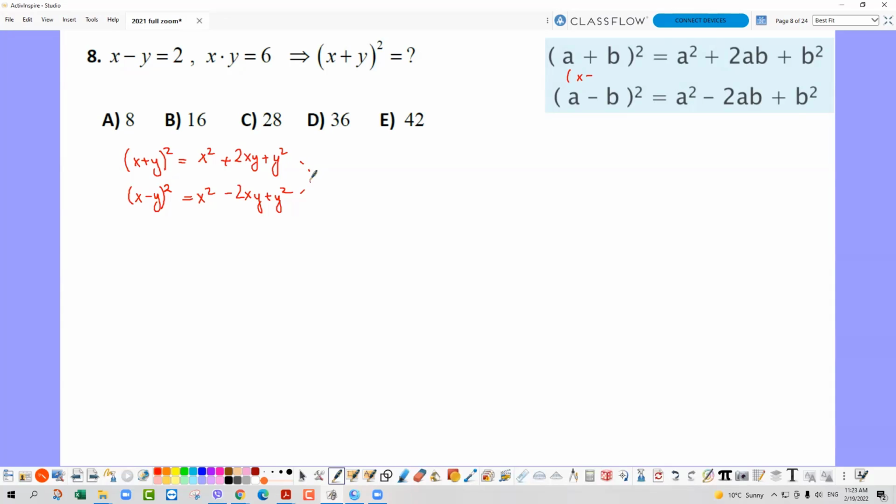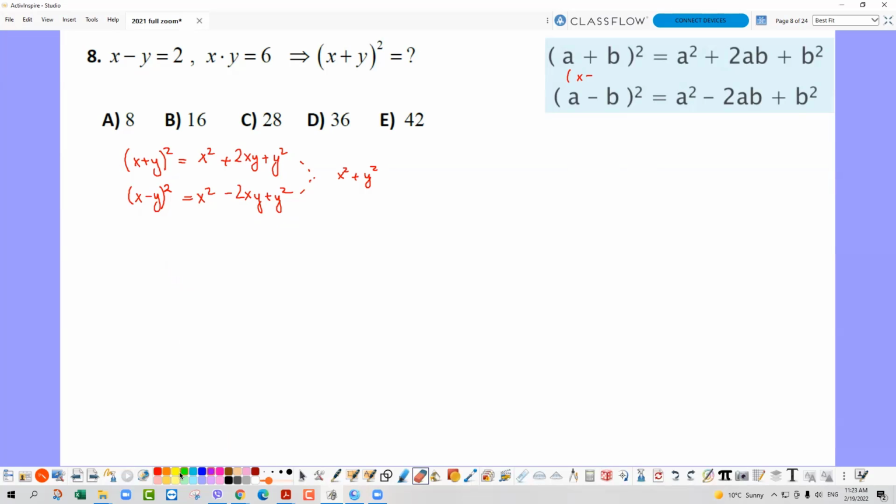So in both of them, the common things are x squared and y squared. This is common in both. So if I know x minus y and x times y, I can find x squared plus y squared.